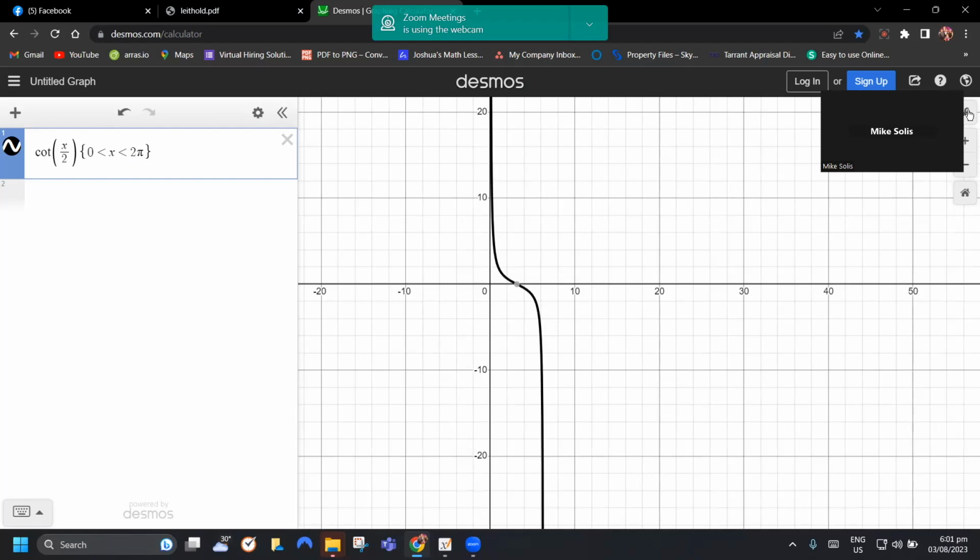Zero to pi over 2, tapos yung isa ay pi to 3 pi over 2.